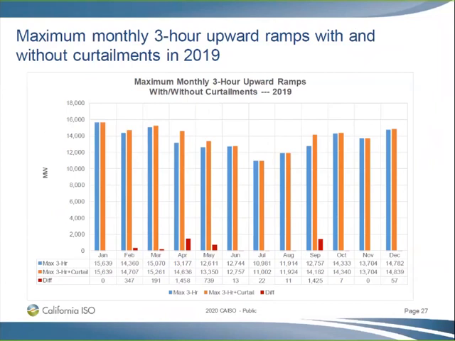So we aligned this with the real-time dispatch information that we had, and we added that back onto the production, so we curtailed solar and wind, and we recreated what that net load was going to look like when you had curtailments back in. And you can see the red shows you the difference. You can see the months where you have a substantial change in the 3-hour ramp with curtailment and without curtailment.